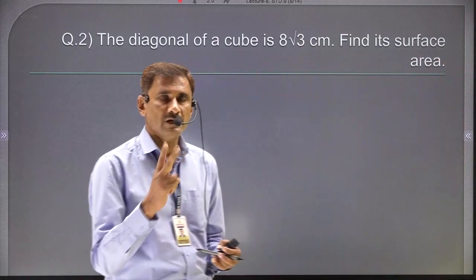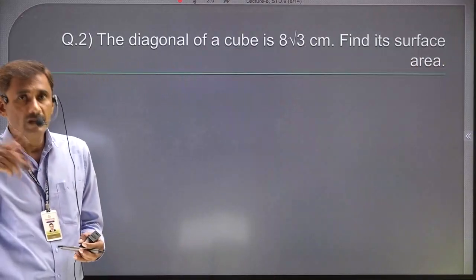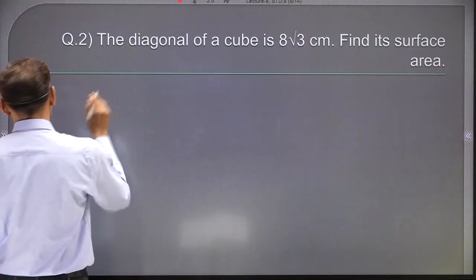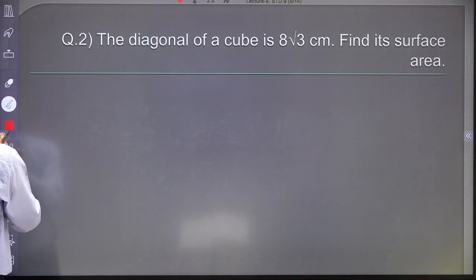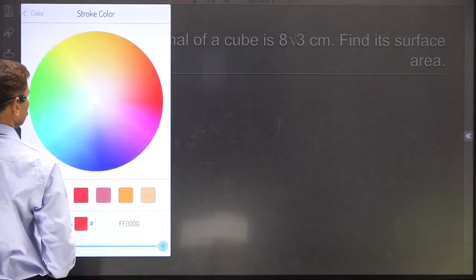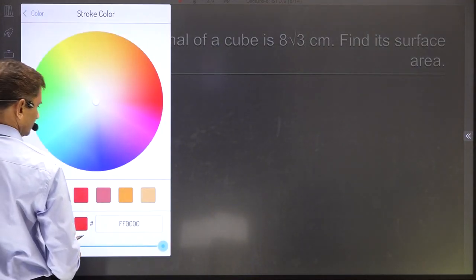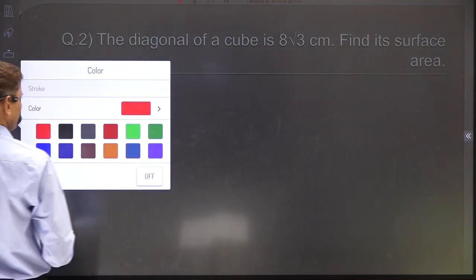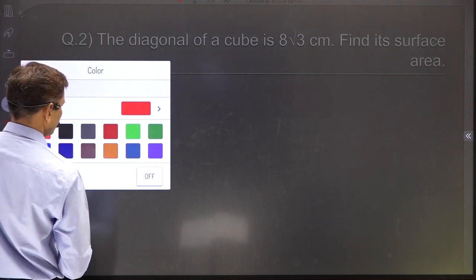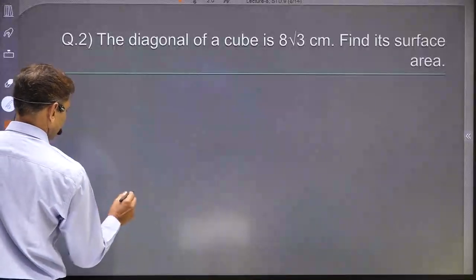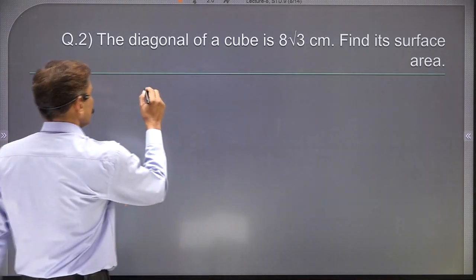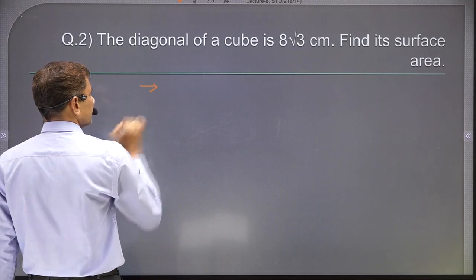In the first stage, we will find side A. After getting A, we can find the surface area. So this is my first step.